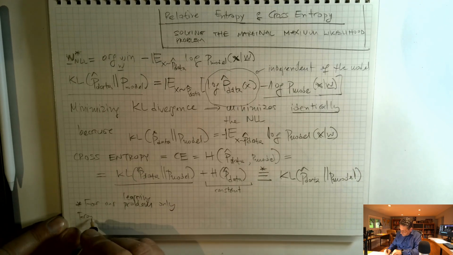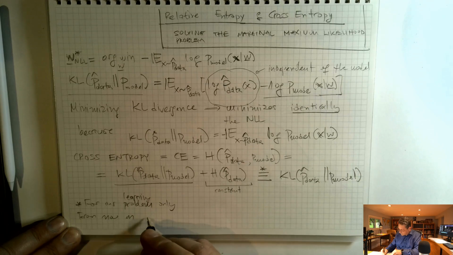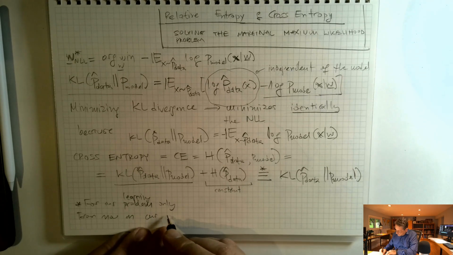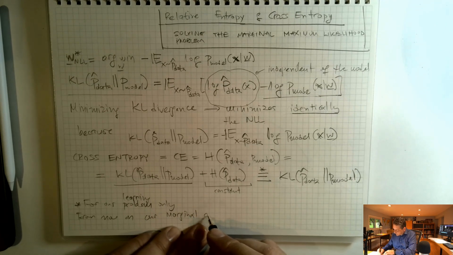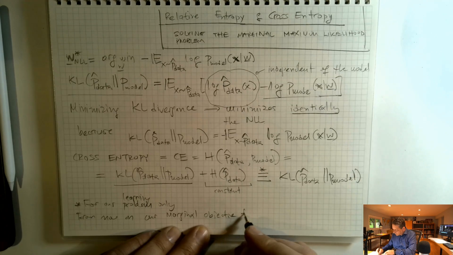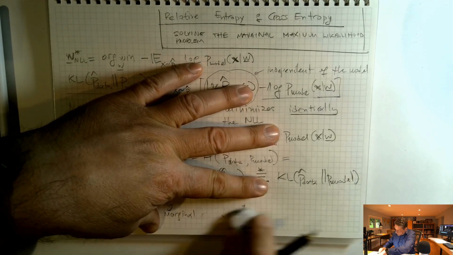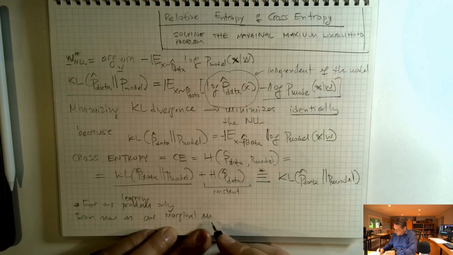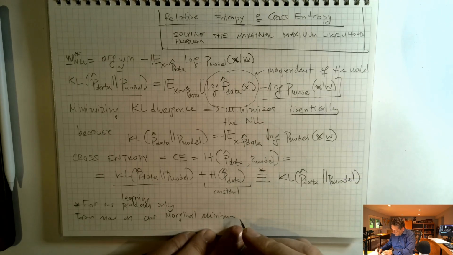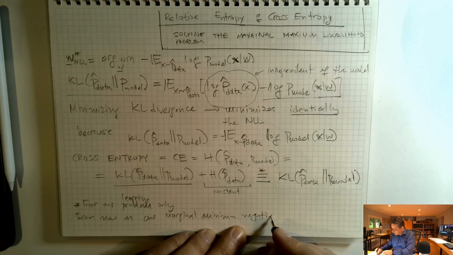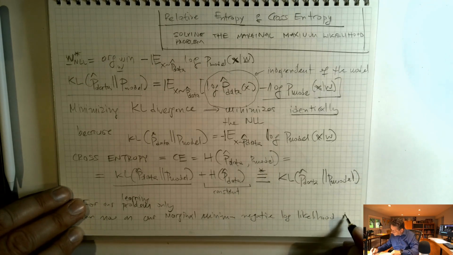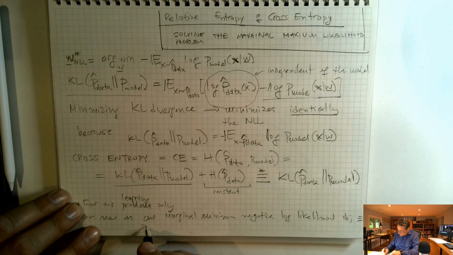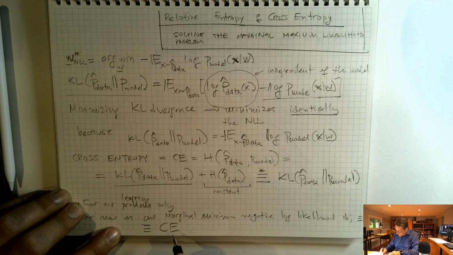So from now on, our marginal maximum likelihood, or minimum negative log likelihood, objective is going to be equivalent to cross entropy.